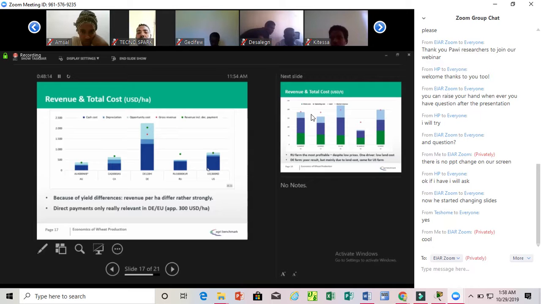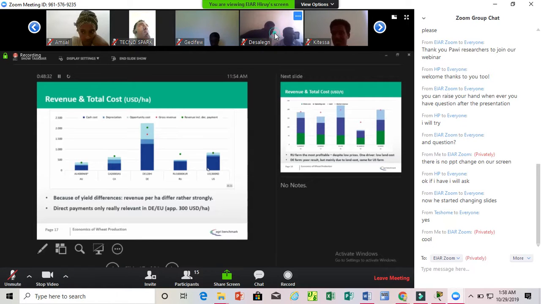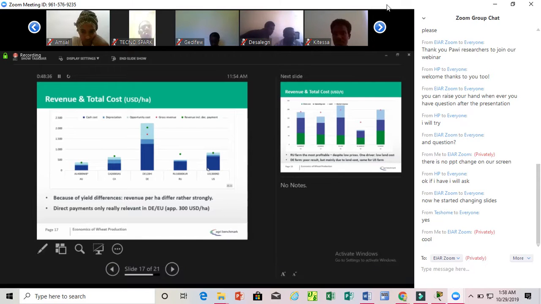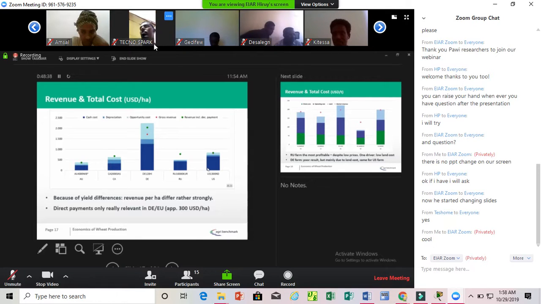That's simply the flat rate per hectare. And you can see there is a very small direct payment for the US farmland, but it's without any economic relevance. So you can see that it's pretty significant for the economic situation of European farms.